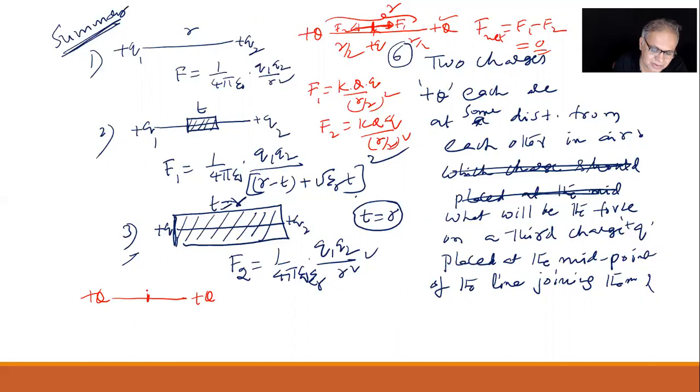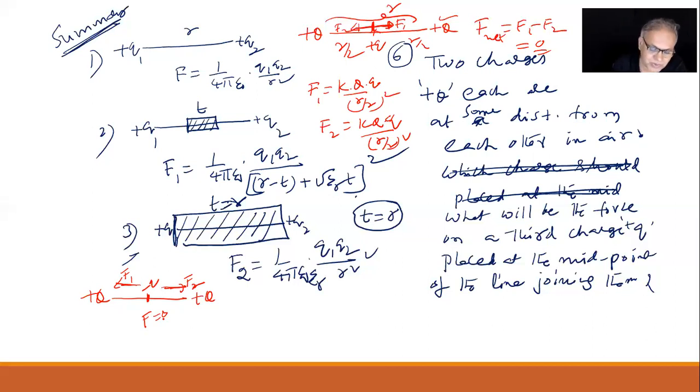Now this minus q is attracted by this with F1, F2 like that. It will be pulled like this, but still the net force is 0 only. Here in the previous case, they will be pushed like this, but even then the net force is 0.